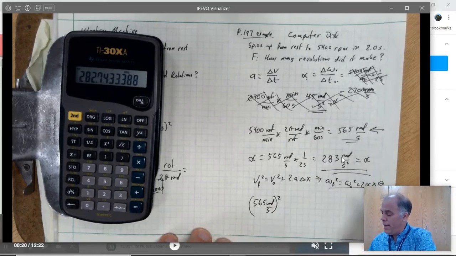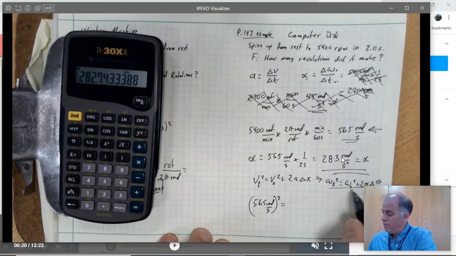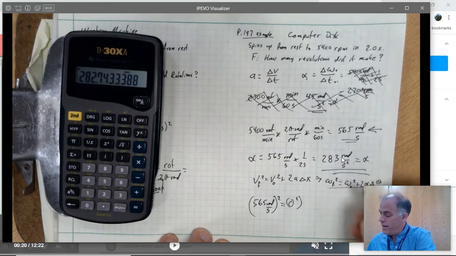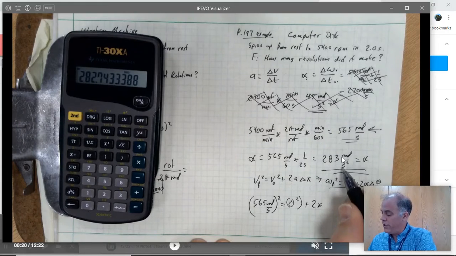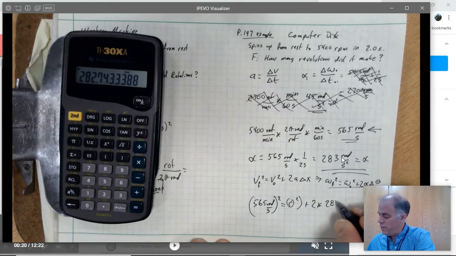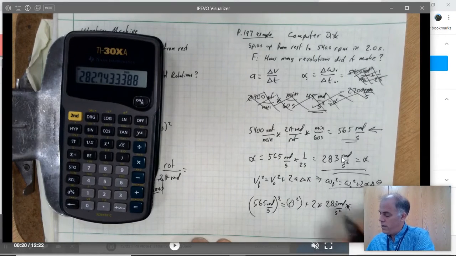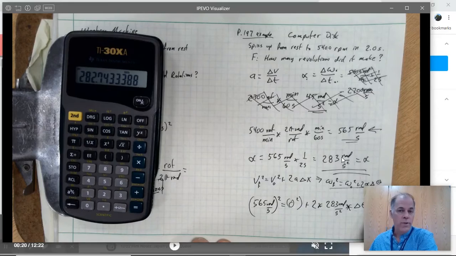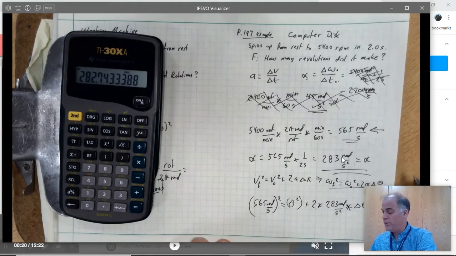We need to square all that because it's omega squared, equals the initial angular velocity, which is 0, because we started from rest, plus 2 times our angular acceleration, which is 283 radians per second squared, times delta theta, which is what we want to figure out. How many radians of rotation has it gone through during this entire process?